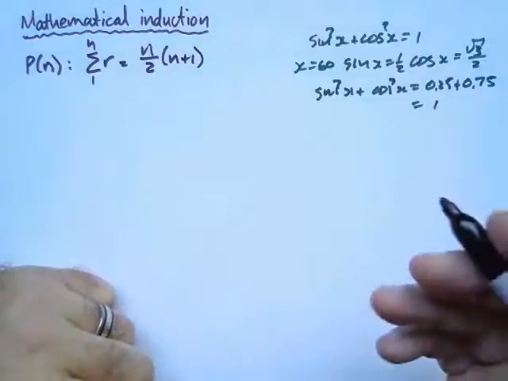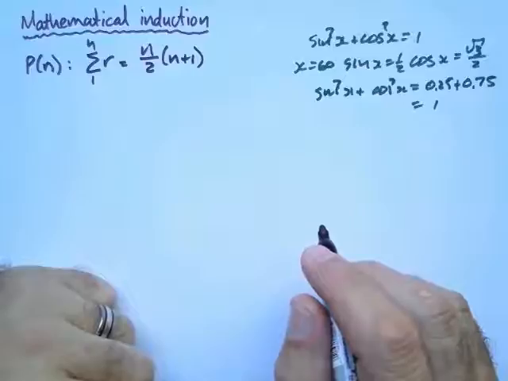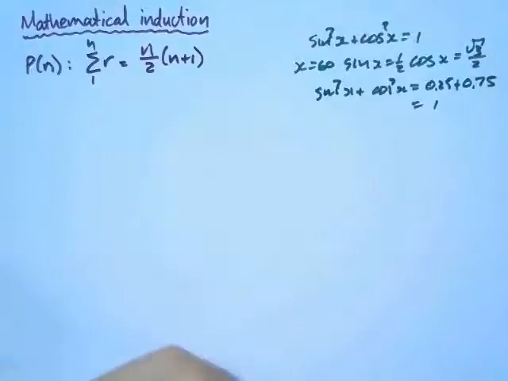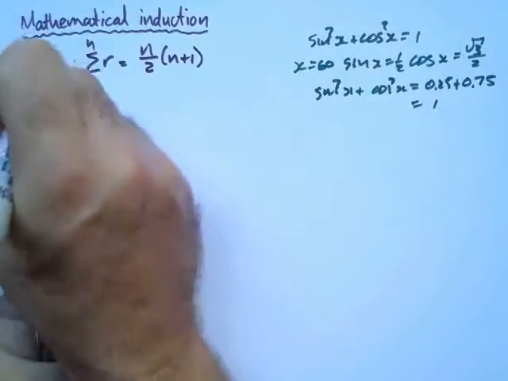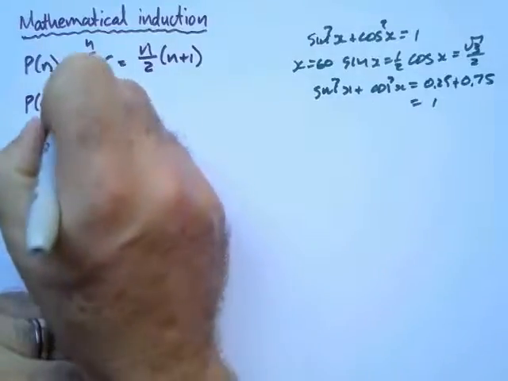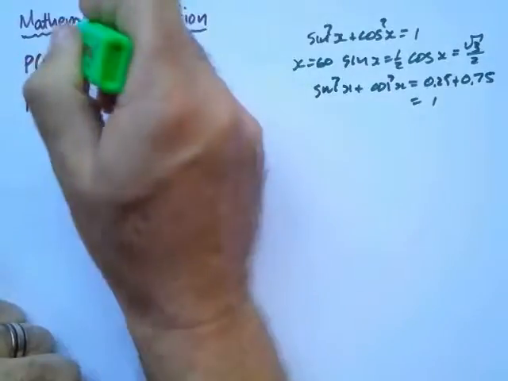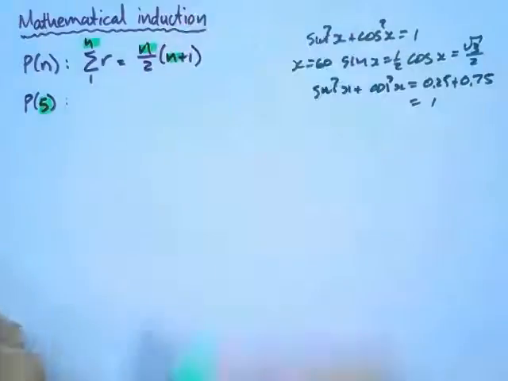Now I'm going to use mathematical induction to do that. Now let's quickly first look at how that will be set out. So let's see if this is true when n equals 5. So if n is 5, what I'm going to do is substitute that n into everywhere where I see an n.